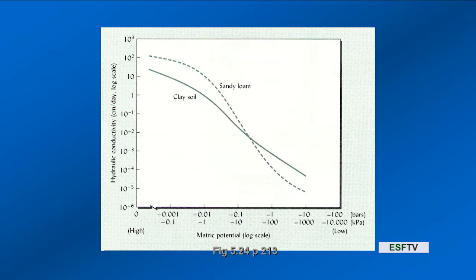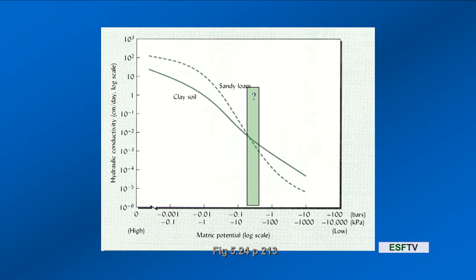So we have fine versus coarse, and that flips. This is pretty interesting, right? We have a change in hydraulic conductivity, or a change in the rate of flow. Where does that shift occur? What's the point in potential where that changes? It's right about there.